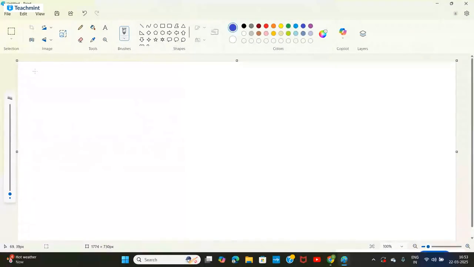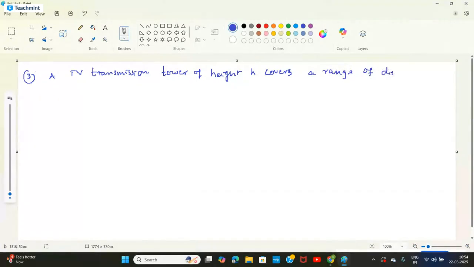Eamcet physics problems, a TV transmission tower of height h covers a range of distance d.